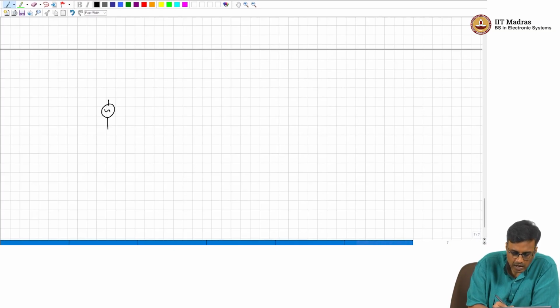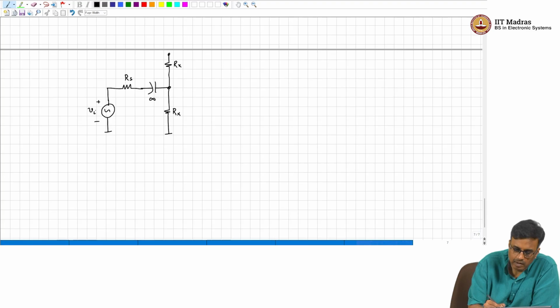So this is Vi, Rs, the infinite capacitor, this is Rx, this is Rx, this is VDD.